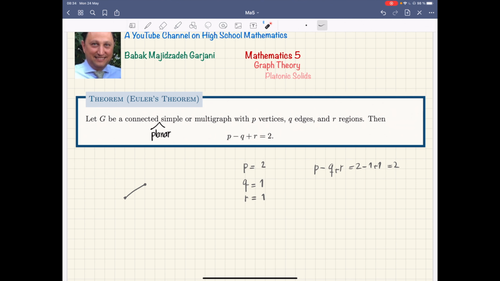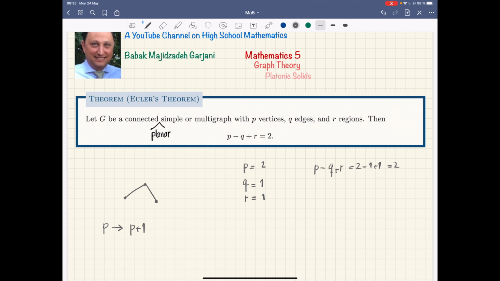Okay, and then be careful. There is a condition here that the graph should be connected. Then I look at my picture once again, and I realize, for example, that this might be connected to another one. And what is happening here? If I add this one, let us see how P is changing. Can you tell me what happens to P? P goes to P plus 1 because now the number of vertices increases by 1.